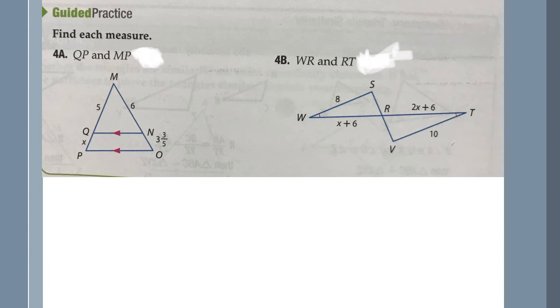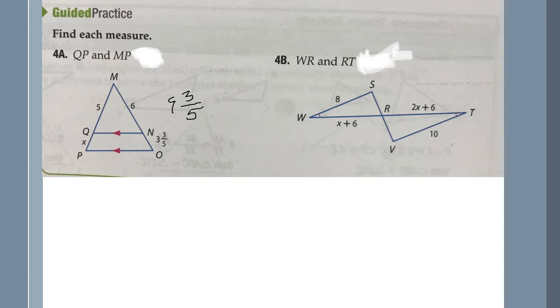All right, so now we have a problem where we're going to say, okay, what's the measurements? How do we solve for this? Well, what we're going to do is a little thinking, a little algebra with this, set it up. So I know that the length of this is 9 3/5.